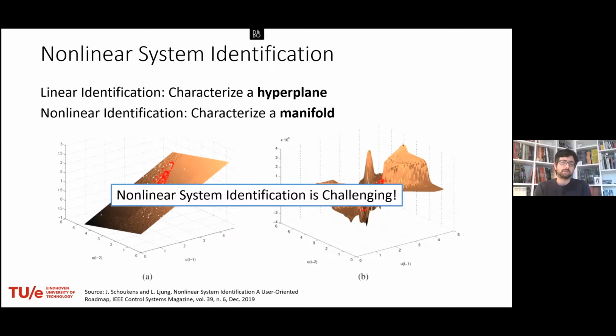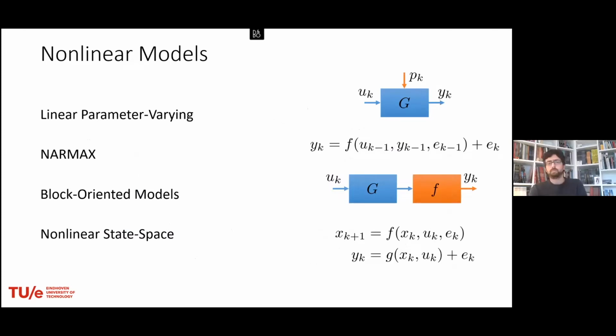Nevertheless, we have made quite some progress already, and we have a wide range of models that we can use. Here I name 4 classes of models that we use for nonlinear system identification. We have linear parameter varying models, where we can embed nonlinear behavior using the scheduling variable. We have NARMAX models, which are basically an input-output structure, the nonlinear extension of ARMAX.